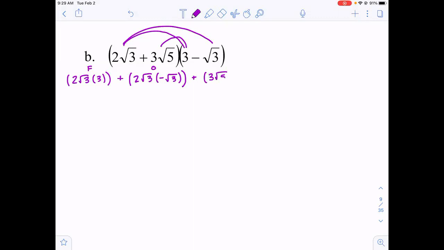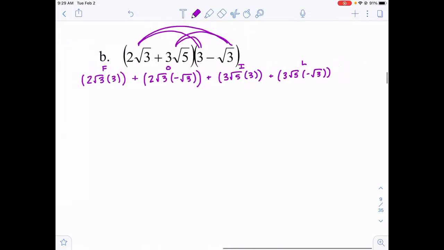That's my I. Plus 3 root 5 times the square root of 3. Don't forget that negative. 3 root 5 times negative square root of 3. And that's my L.